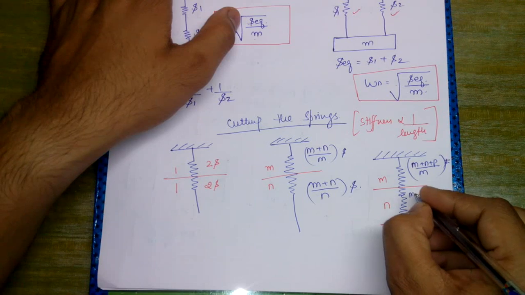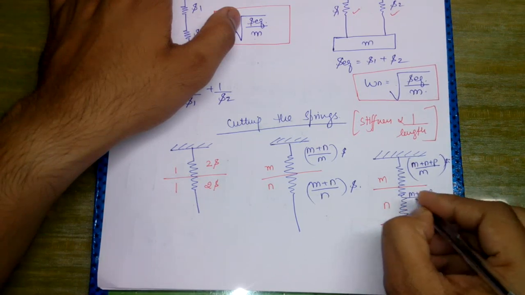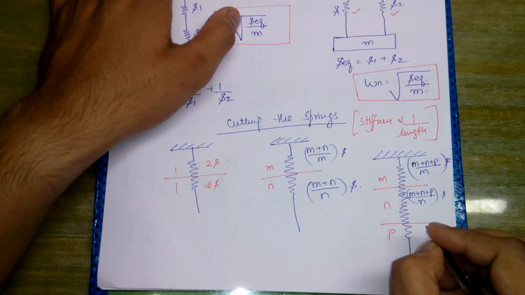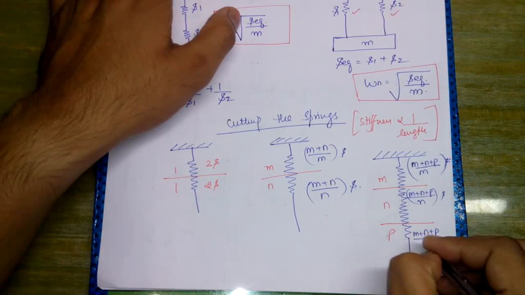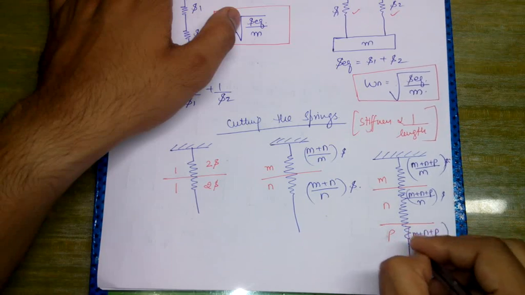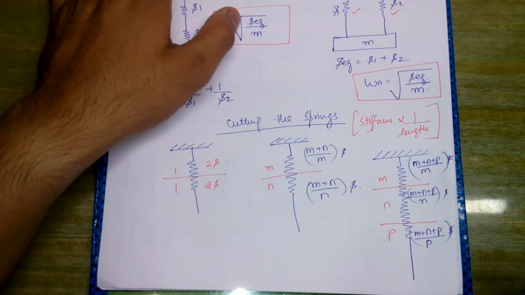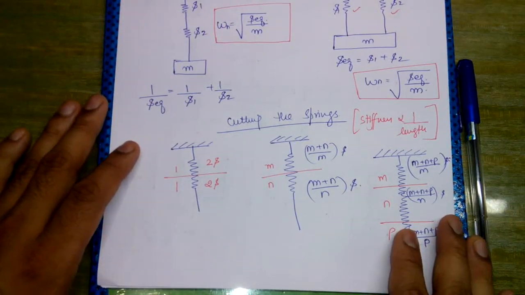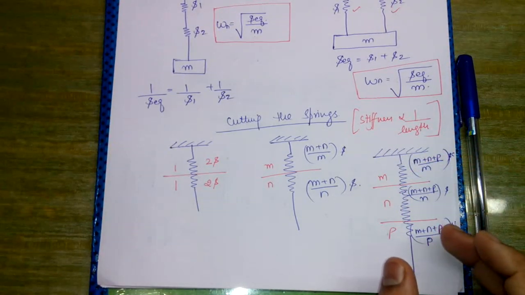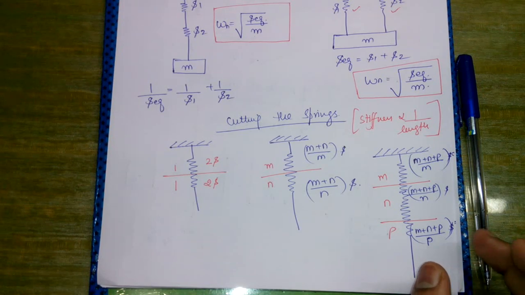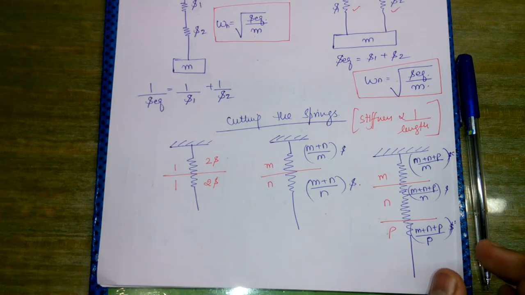This part would be (m plus n plus p) upon n into s, and for this part it is (m plus n plus p) upon p into s. So by this we can find out the effective stiffness of the parts which have been cut from the main spring.